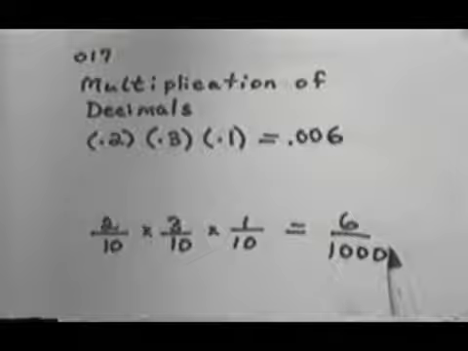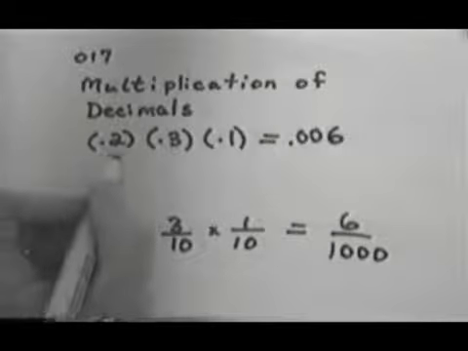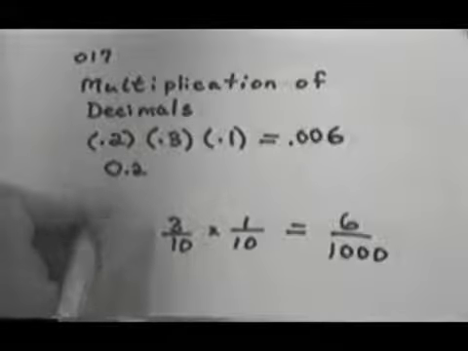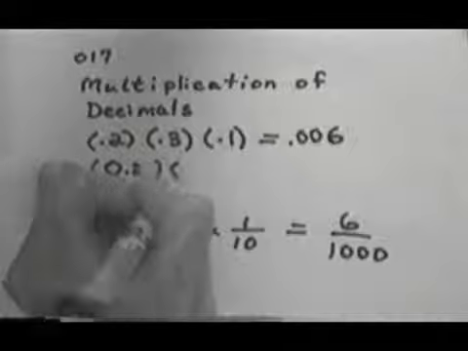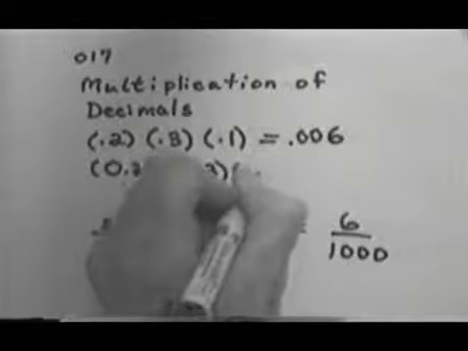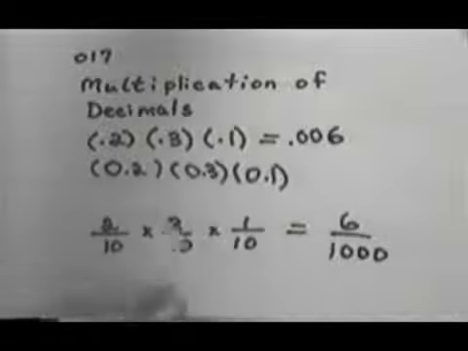Now normally when you see this problem, you probably wouldn't see .2, you'd probably see 0.2, and 0.3, and 0.1.